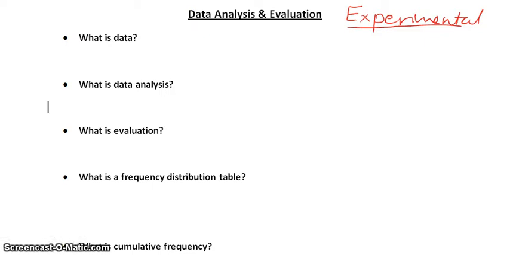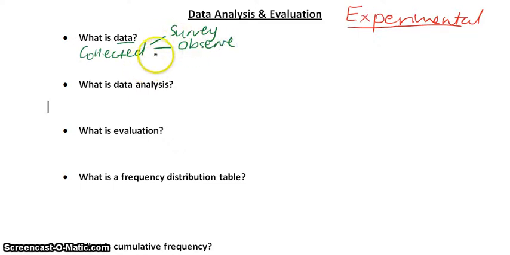So first question, what actually is data? Well, I know that data can be collected, and there are different ways that data can be collected. If we're thinking from last year, we can do a survey. We can observe things to get data collected.